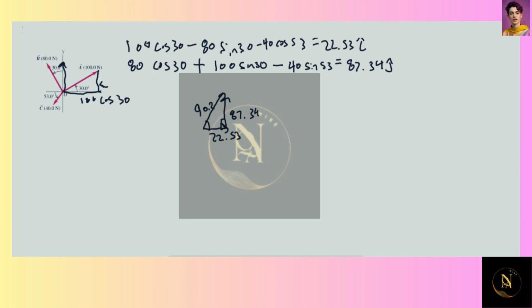And to find this angle here, we do the tan inverse of 87.34 over 22.53, and we get an angle of 75.54 degrees.